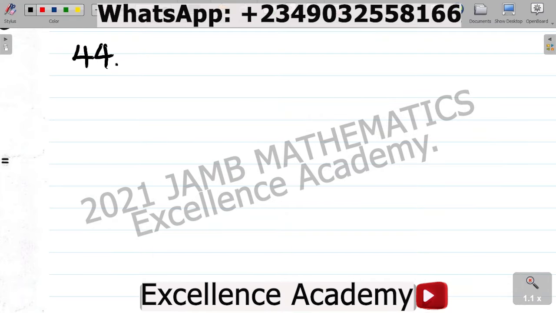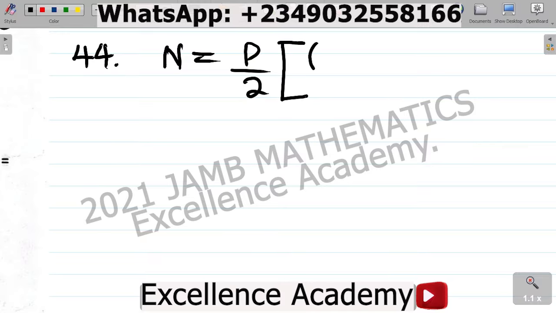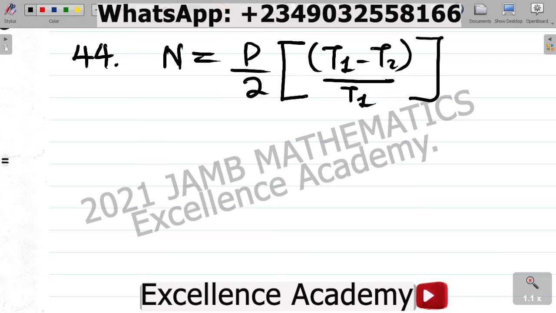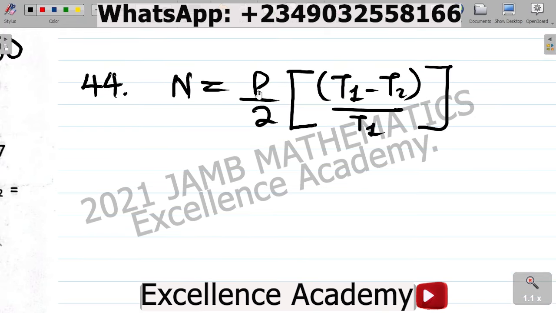So for 44, we're given that n is equal to p over 2 into t1 minus t2 all over t1. We are asked to find the value of p.